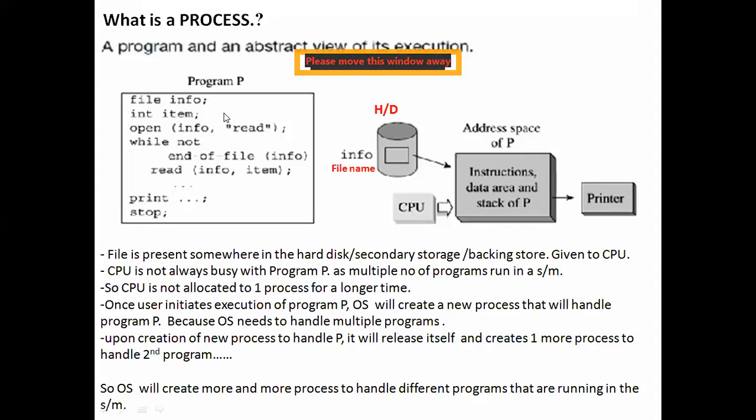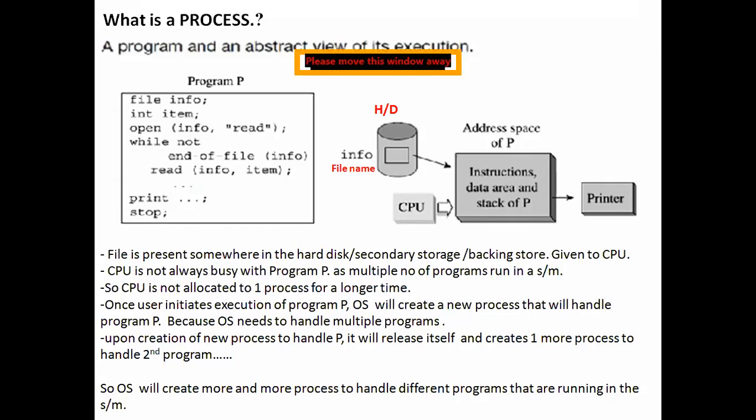We'll be opening the file info using the read command, hence the file can only be read and no writing facility is there. Why? Because if we're doing the read operation, I cannot go for the writing operation here.